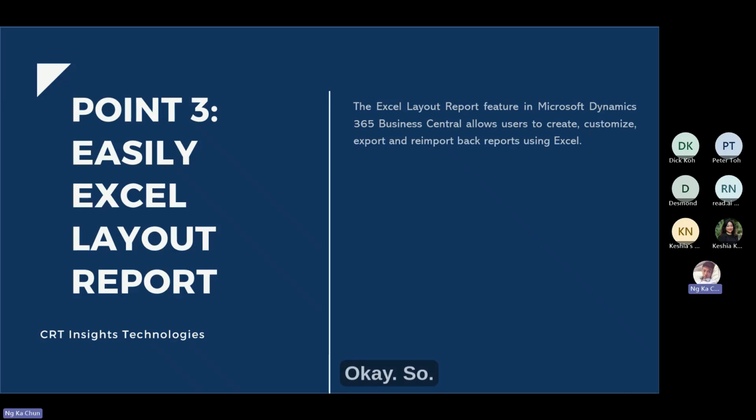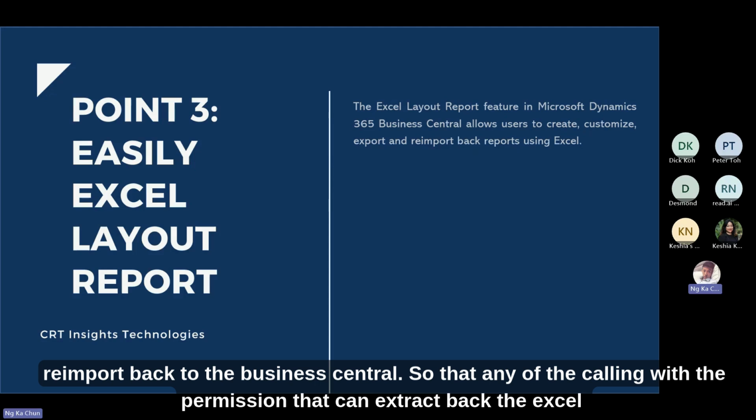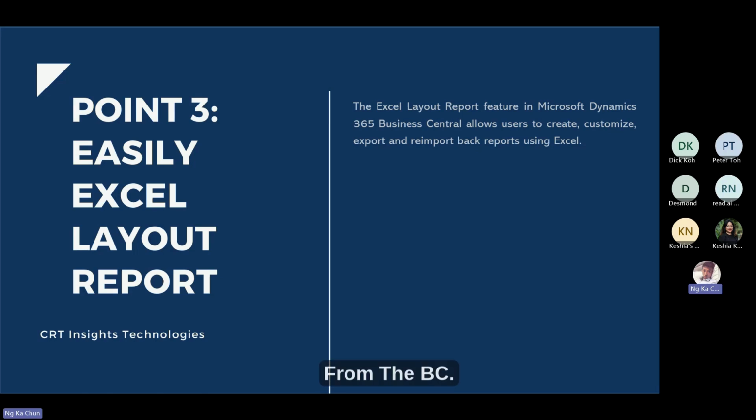Okay, so now point number 3. Instead of doing the reporting manually, you can also do the Excel layout report directly inside the BC and then re-import it back into Business Central. Then any of your colleagues with the permission can extract the Excel report layout from the BC.